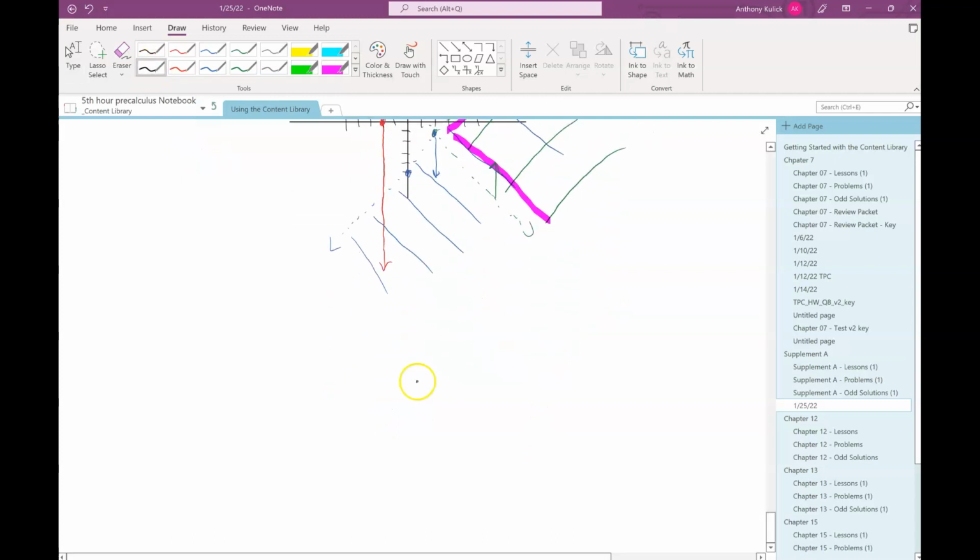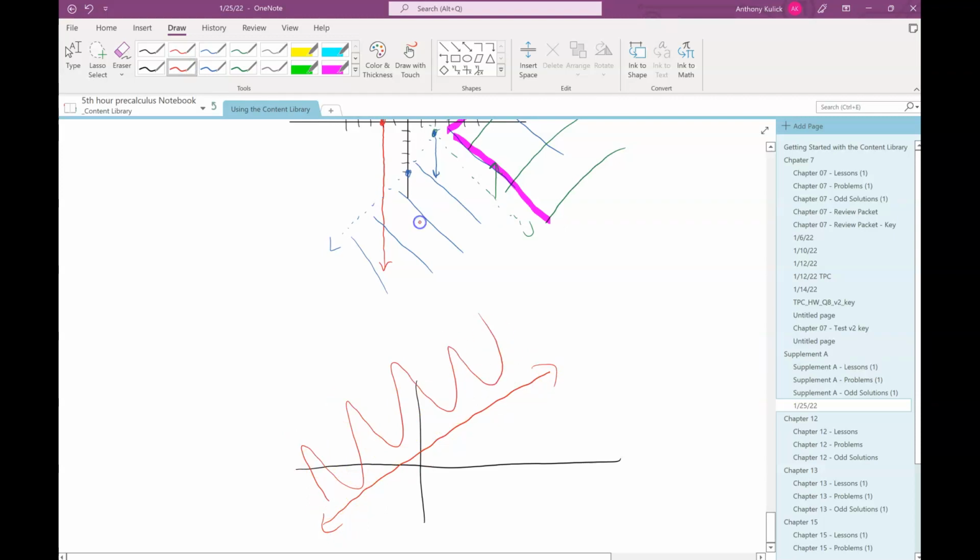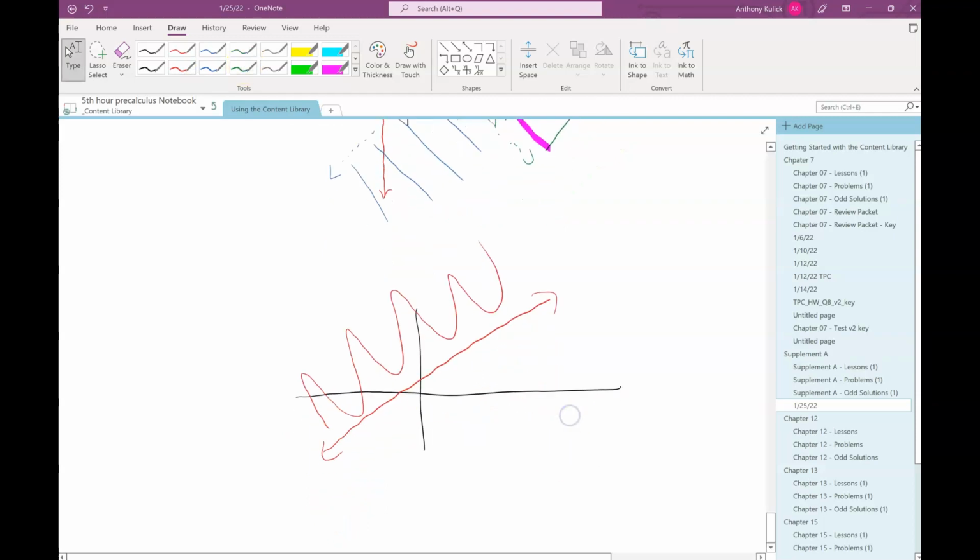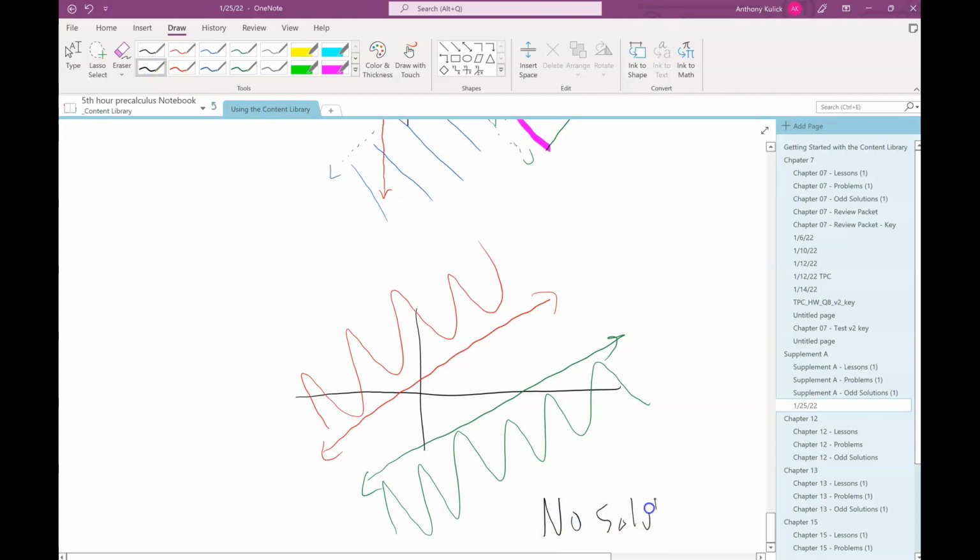I also mentioned that you could have no solution here. What would that look like? Well, say you had two parallel lines. The one on top you shaded above, but the one on bottom you shaded below. There's no overlap to the shaded regions.